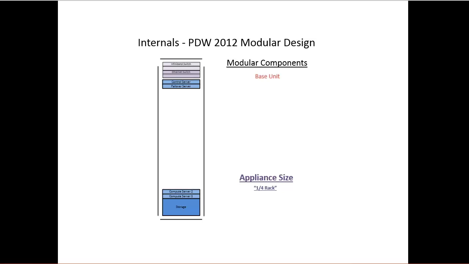In the graphic I have presented right now, I have what is sometimes referred to as a quarter rack, or a PDW with 1 base unit. I don't think they're going to use this terminology much longer. And the base unit has 2 compute nodes or compute servers here.